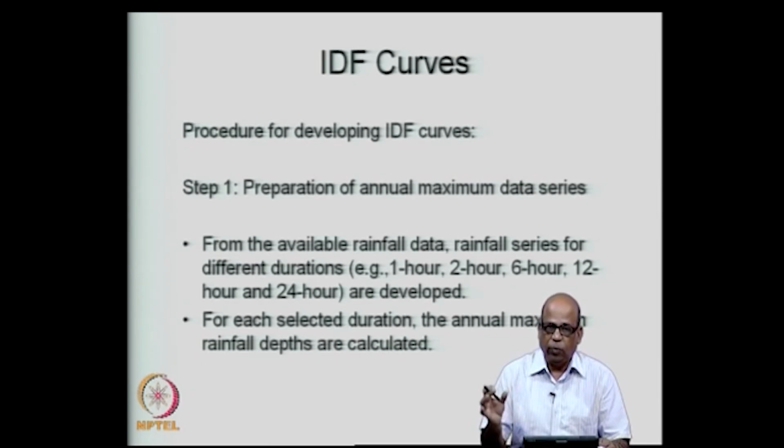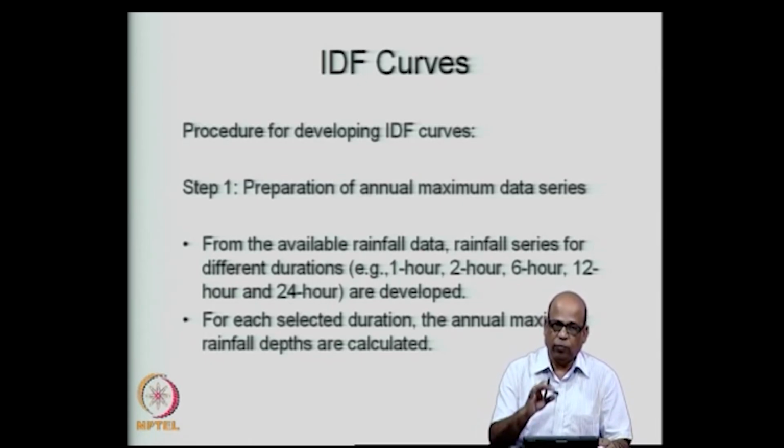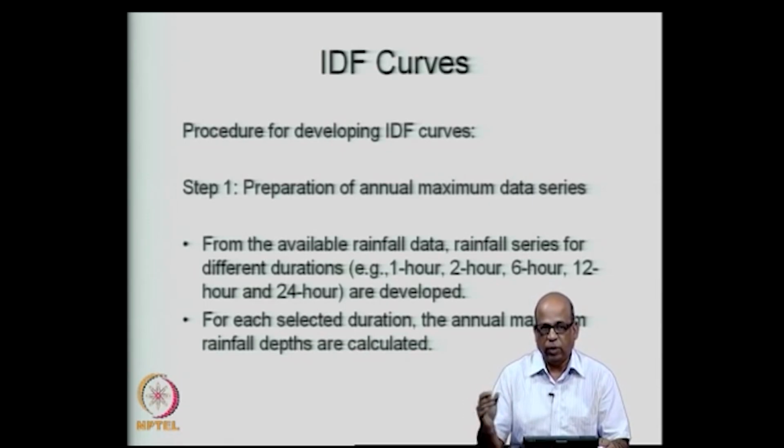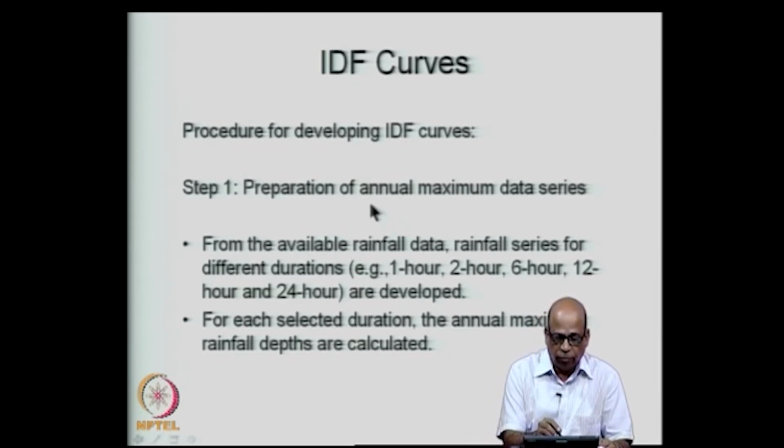In the 24 by 365 data of every hour, we pick up the maximum occurring in that hour. 1 hour data you have so many values, out of that you pick up the maximum. So, that becomes the maximum for that particular year. Like this, for last 30-40 years you have one maximum value associated with each of the durations, 1 hour maximum, 2 hour maximum, 3 hour maximum, etc., for all the 30-40 years. So, this is how we first constitute the annual maximum data series.